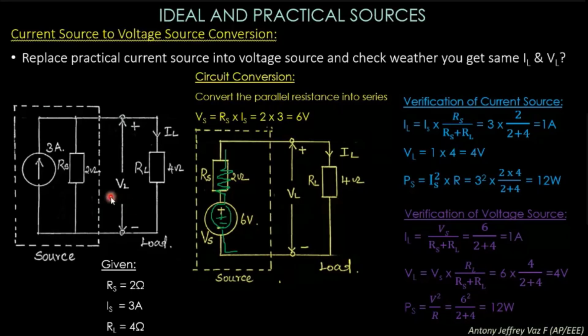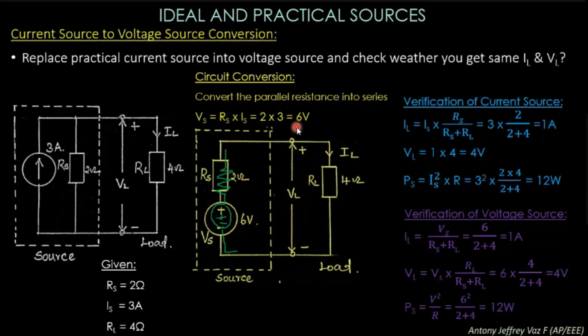So the only difference between the current source circuit and the voltage source circuit is that we have converted two things. One, we have converted the current source, which is 3 amperes, into a voltage source of 6 volt by using Ohm's law, V is equal to IR, equal to 6 volt.